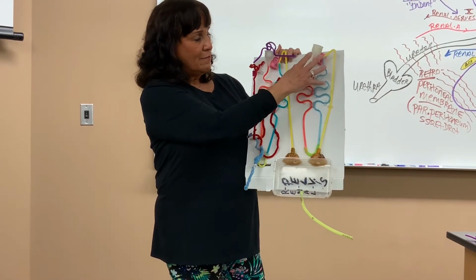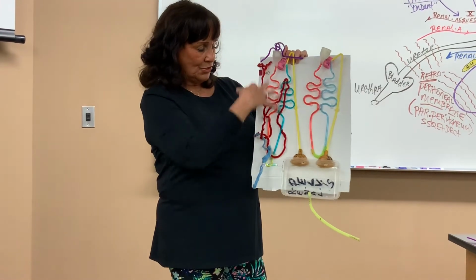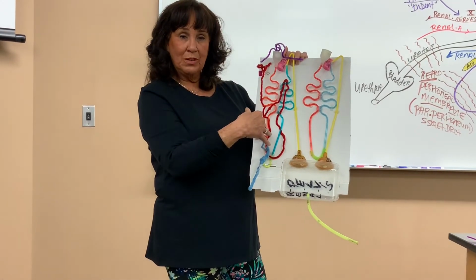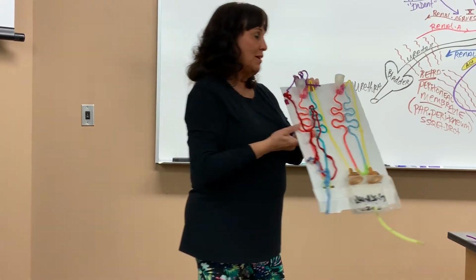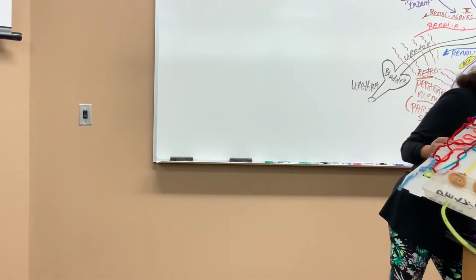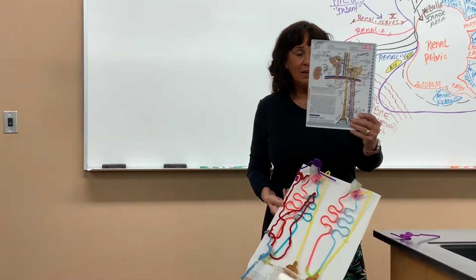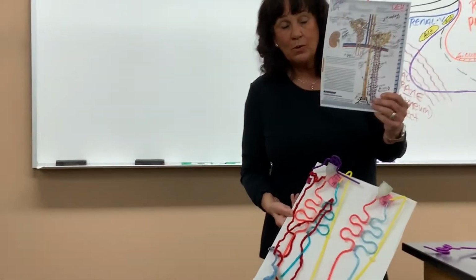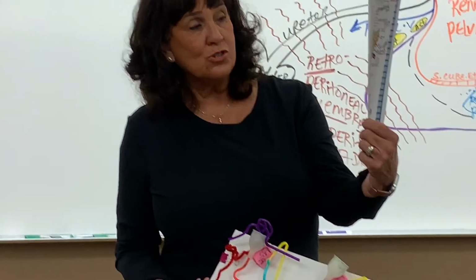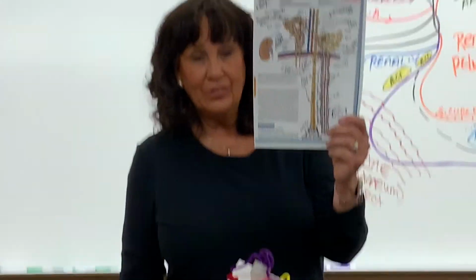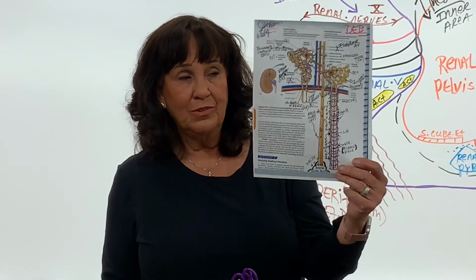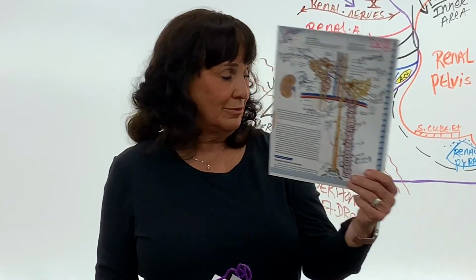And so every nephron has its own blood supply, and this is what it's trying to show you on this sheet in your lab book, that I'm also posting on Moodle. It shows you how the nephron is connected to the renal subcircuit right there.